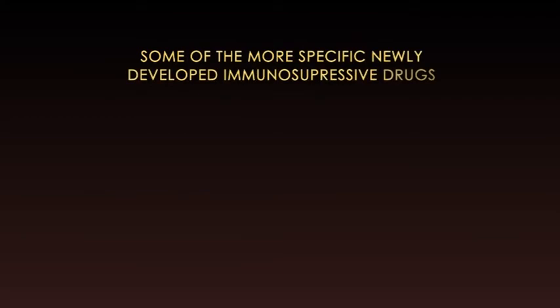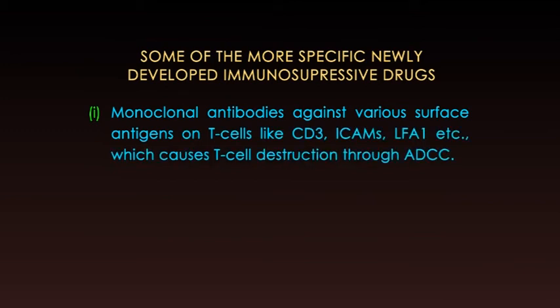Some of the more specific newly developed immunosuppressive drugs are monoclonal antibodies against various surface antigens on T cells like CD3, ICAMs, LFA1, etc., which cause T cell destruction through ADCC.